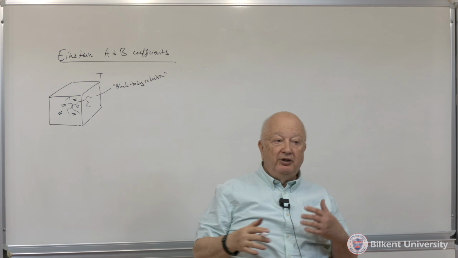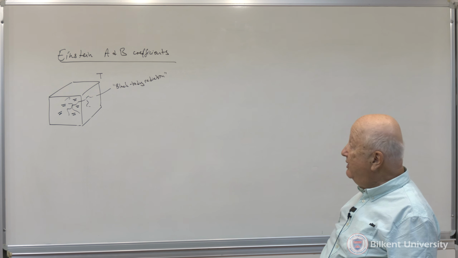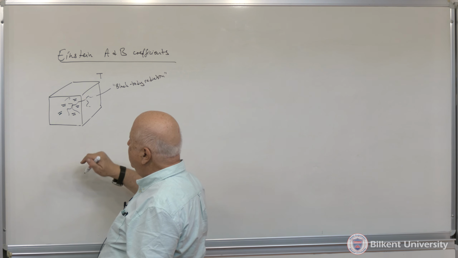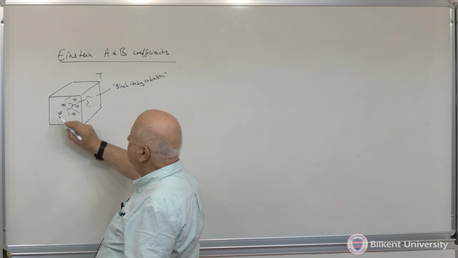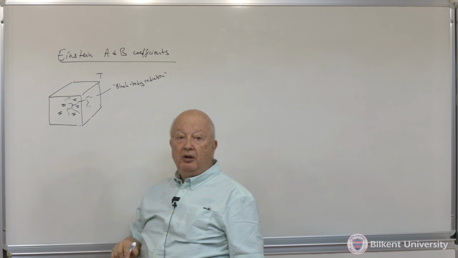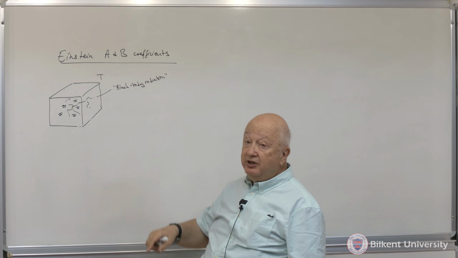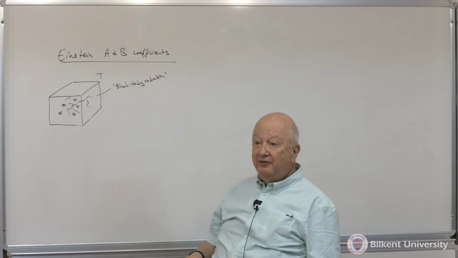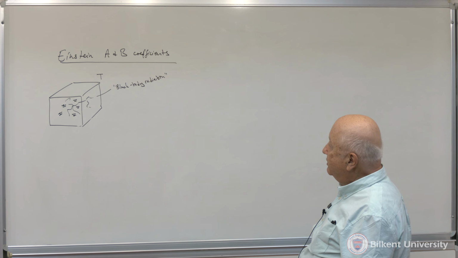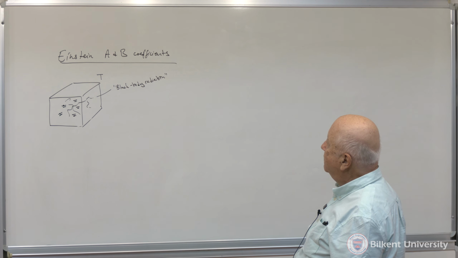So they are interacting with this thermal bath of photons, and that means some of them will be excited to the upper energy level, some of them will be in the lower energy level. And we know from statistical physics that e to the minus energy difference over kT will give us the ratio of particles in the upper energy level versus the lower energy level.